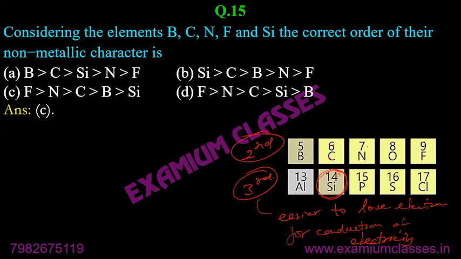Second shell will have higher non-metallic character. Any confusion? Let me know. Because in such cases, students get confused that after carbon, it can be down also and left also. In both cases, the non-metallic character will decrease. But then you will consider how easily it can lose electron. In third shell, it can lose easily. It means metallic character is higher, non-metallic character is lower. We are talking about non-metallic character.